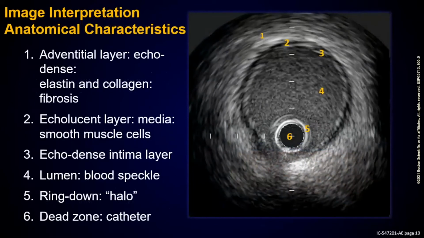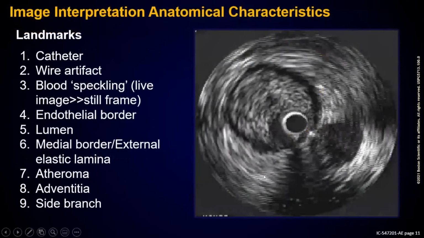So this is again another image showing the different layers of the artery, but this time it is also showing that number 4 is the blood speckle, number 5 is the halo around the catheter, and number 6 is the dead space, and that is the catheter itself, which is the ultrasound catheter. And then different landmarks.